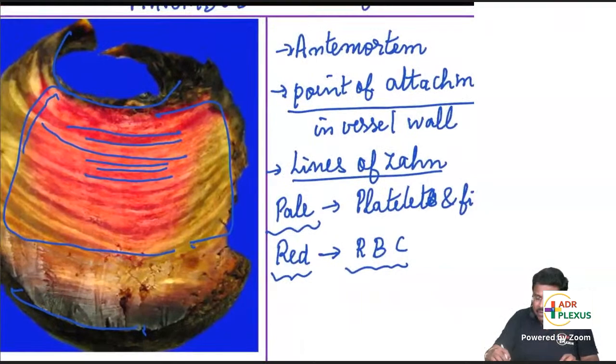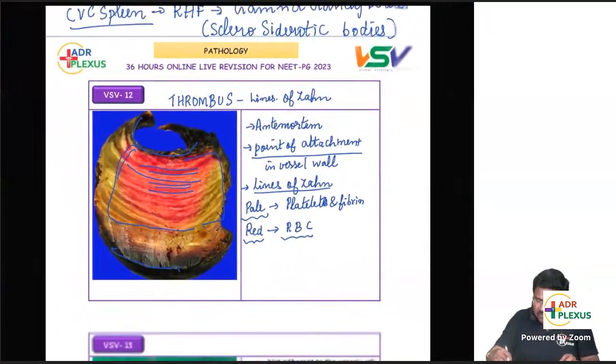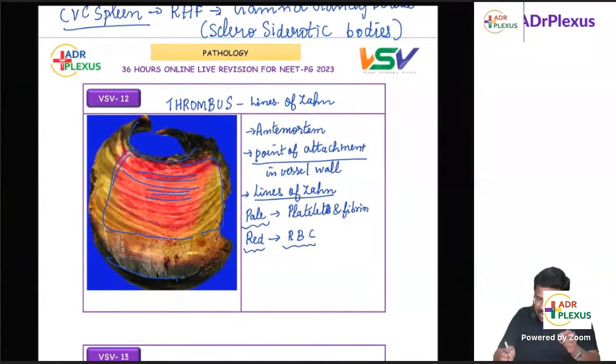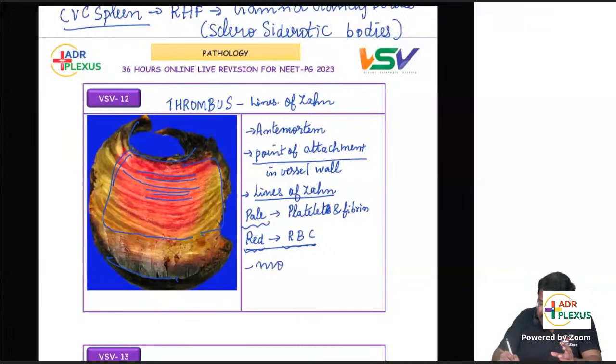So, antemortem, point of attachment to the vessel wall. Pale areas will be having platelets and fibrin, and the red areas will be having RBCs, lines of Zahn. And lines of Zahn are more prominent in arterial thrombi.